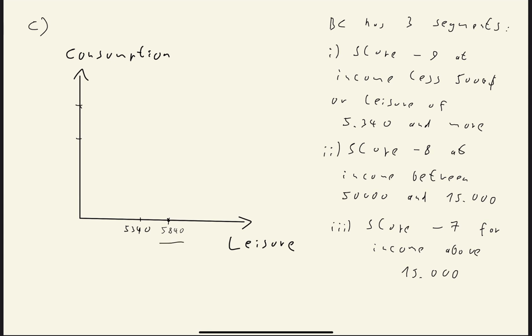So from 5,840 to 5,340, we are choosing working time between 0 and 500, which gives us, if we wouldn't have taxes, 0 to $5,000 of income. As a consequence, we end up in a new tax bracket if we jump above 5,340. So at 5,340, let me just put a dot here.